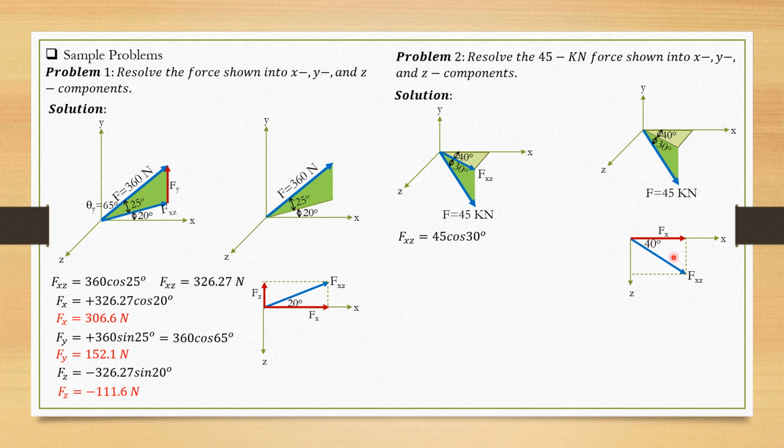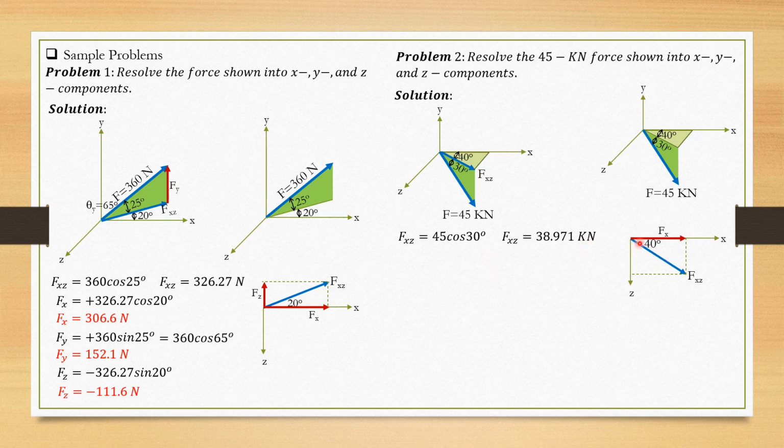But before Fx, we solve first Fxz, which is from this right triangle here, equal to hypotenuse 45 cosine of 30. That's Fxz in this right triangle. So 45 cosine 30 is equal to 38.971 kilonewtons.